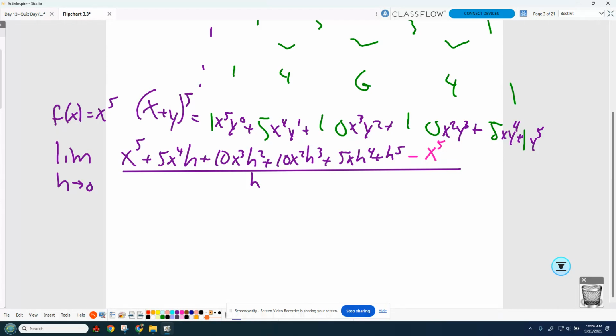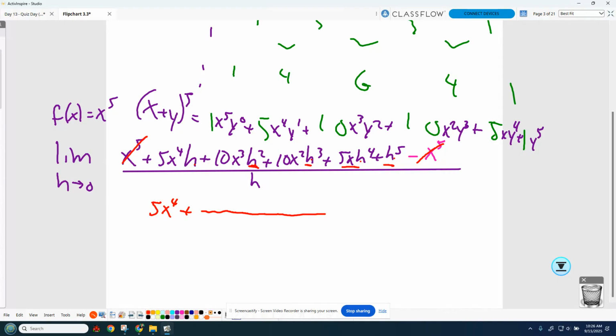You see it? This x to the 5th and that x to the 5th are going to go away. And then there's 1h, 2h, 3, 4, 5. I can factor 1 h out of everybody and reduce. All of these are going to have another h in them.